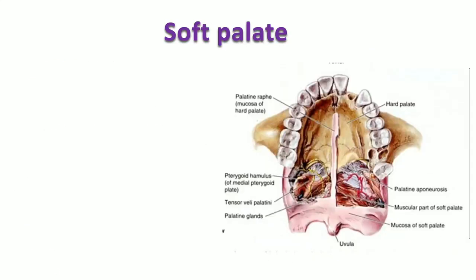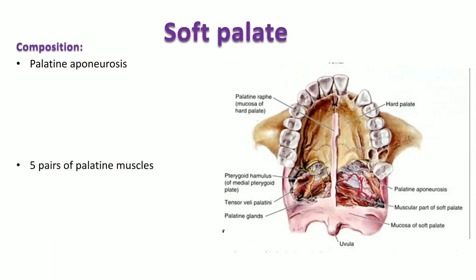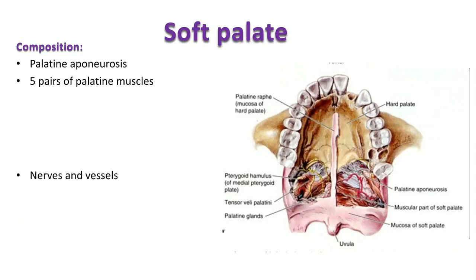So next, coming to the composition of the palate. The palate, especially the soft palate, is mainly made up of the palatine aponeurosis and 5 pairs of muscles, and then you have palatine vessels and nerves, and then you have palatine glands. All this is covered by the mucous membrane.